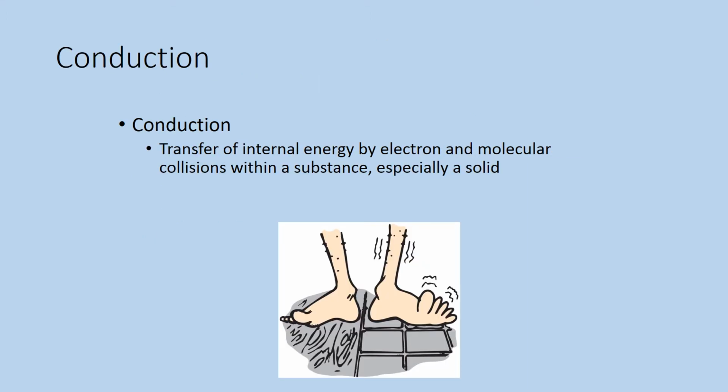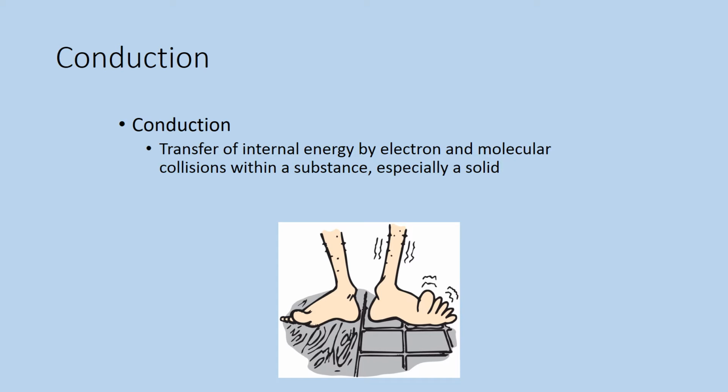Now, the first method of heat transfer we'll talk about is conduction. It's one that perhaps we are most familiar with, and that occurs when the objects, in this case the feet of the individual, are either in contact with the grass or in contact with the concrete.